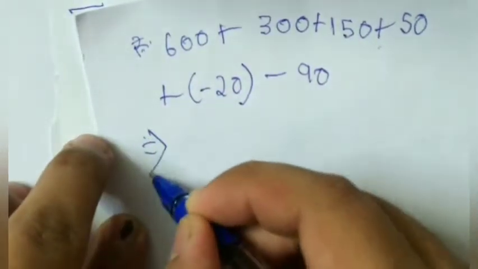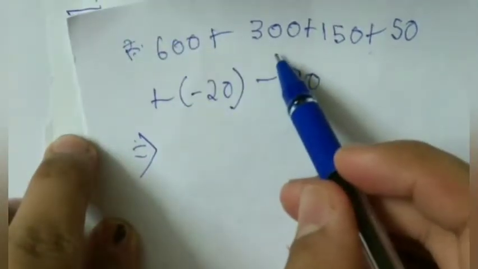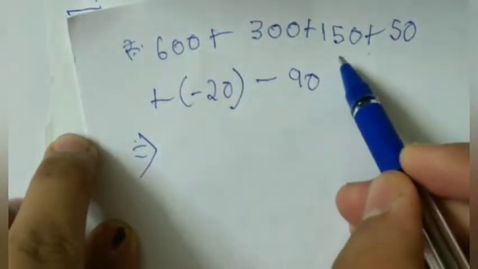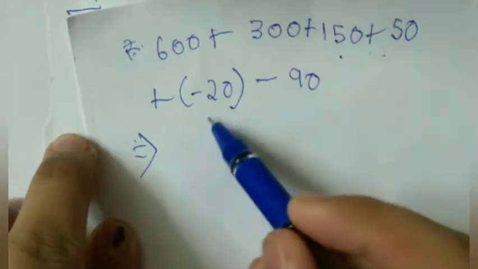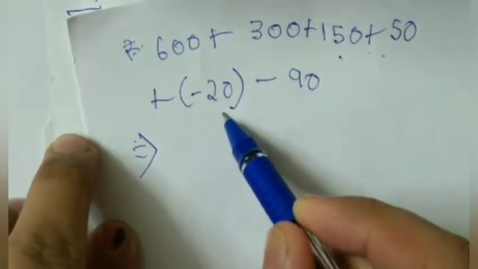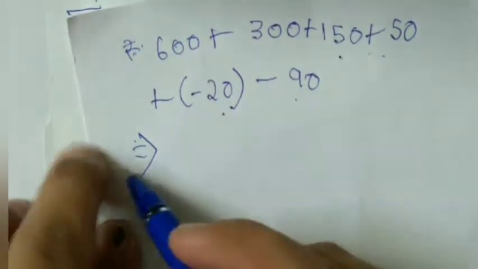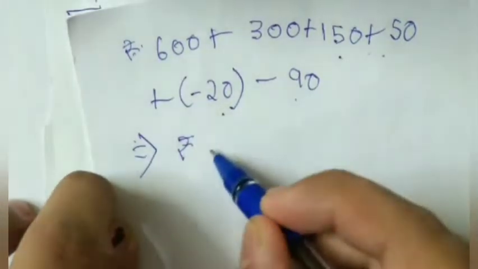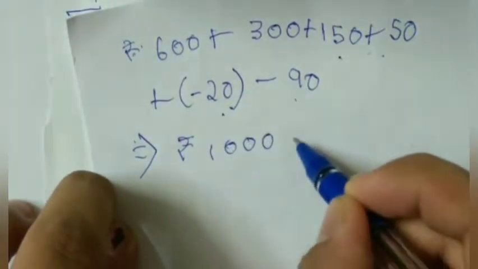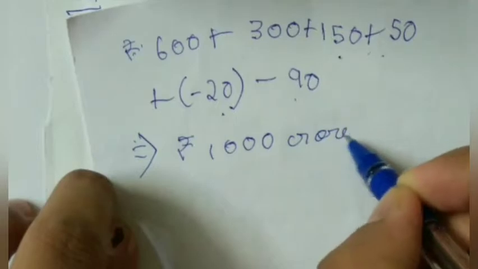This will give 600 plus 300, 900, 1050, 1100, minus 20 means 1090, gives rupees 1000 crores. Okay, this will be for our second question.